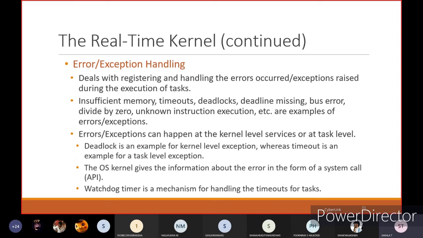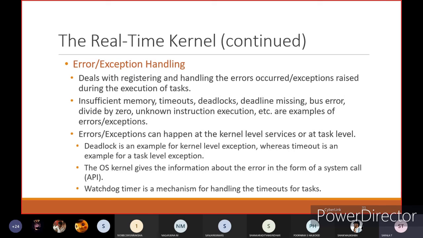Next we have error handling, which deals with registering and handling the errors or exceptions raised during the execution of a task: insufficient memory, timeouts, deadlocks, deadline missing, bus error, divide by zero, unknown instruction execution, etc. are examples of errors or exceptions.